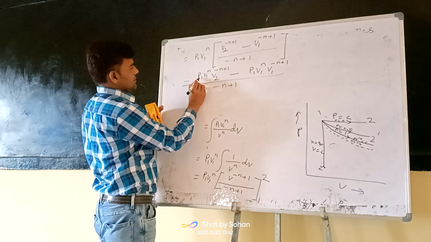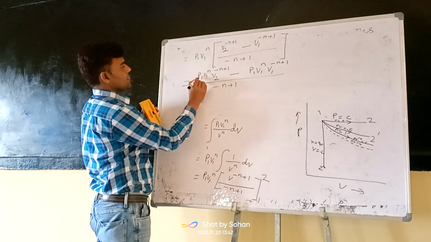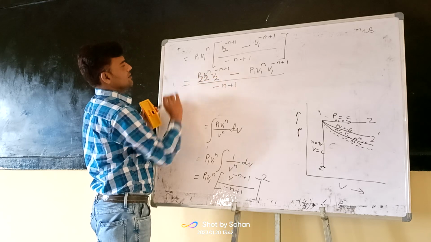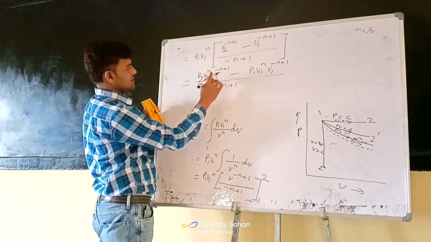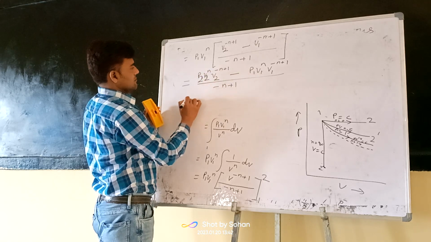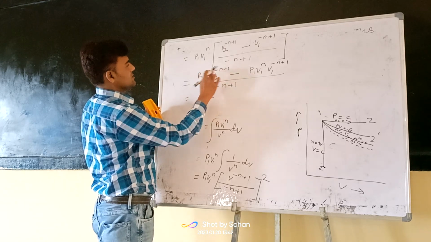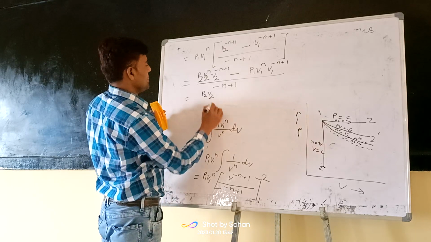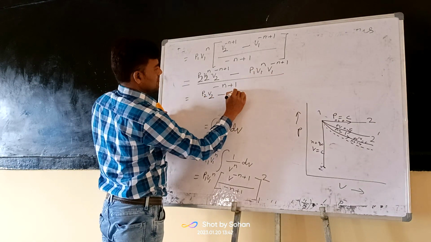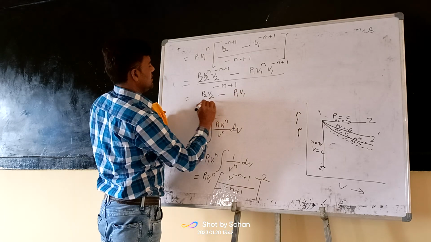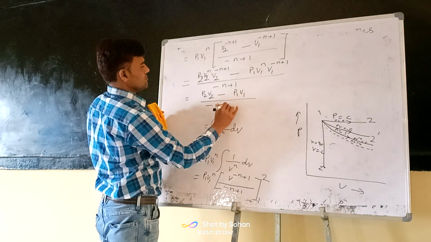Again, P1 V1 to the power n equal to P2 V2 to the power n. So V2 to the power n into V2 to the power minus n plus 1 is equal to P2 V2. Similarly for the other term, P1 V1, divided by minus n plus 1.